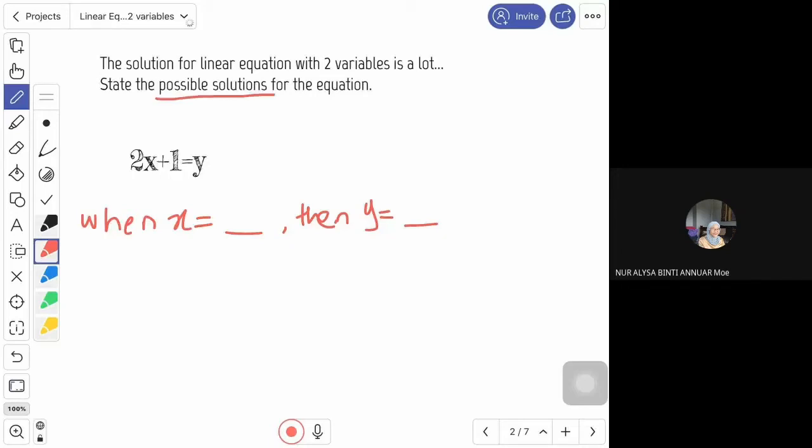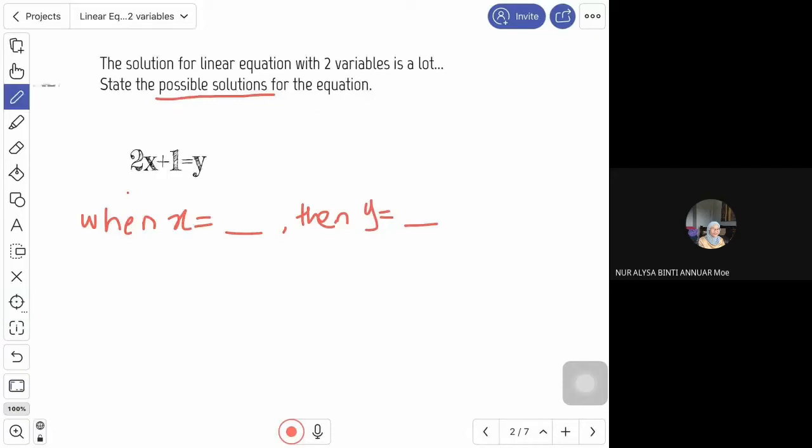Either one first is fine. But in this case, it's easier to determine the value of x first. Just replace with any value first because it says possible solutions. It doesn't mention anything like less than some number, there is no condition. So you can just choose any value.